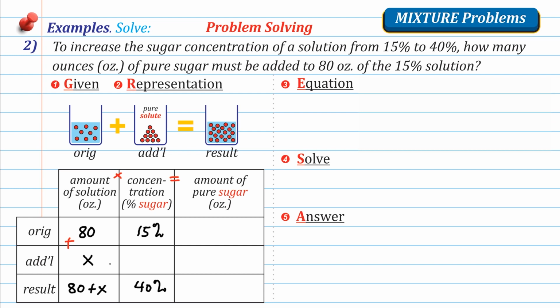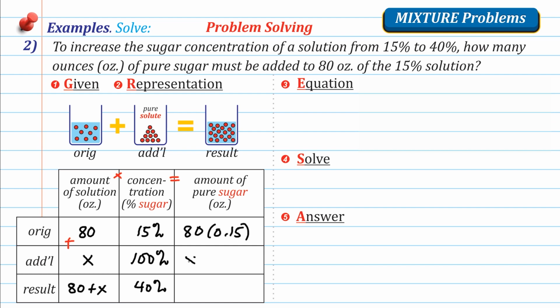Representation of the result amount done. How about the concentration of the mixture that we add? Take note, we added pure sugar. So if it's pure sugar, it must be 100% sugar. Okay, now the two columns are done. Therefore, we simply multiply the first and second. So we have 80 times 0.15.